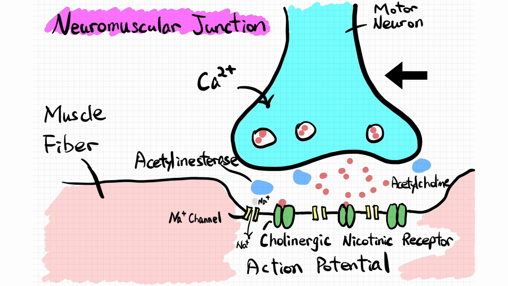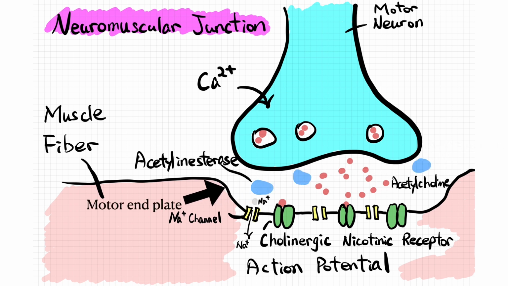The motor neuron, originating from the central nervous system, sends nerve impulses or action potentials down its axon, and the terminal end of the axon forms numerous finger-like structures called axon terminals. The synaptic cleft is a tiny gap that separates the motor neuron terminal from the muscle fiber's sarcolemma or cell membrane. Now, it contains gel-like substances that help transmit chemical signals.